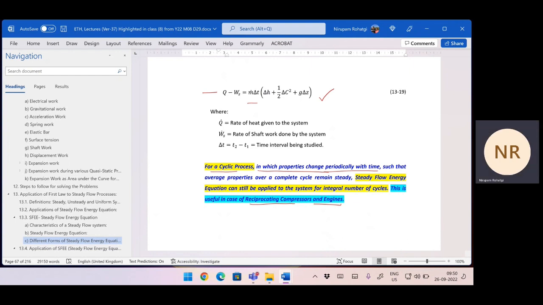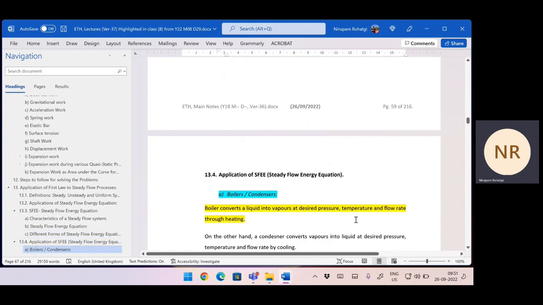If you have reciprocating compressors or engines, you can apply the steady flow energy equation to them, keeping in mind that the two points you are selecting are the beginning of the first cycle and the beginning of the second cycle. Between those you can apply the equation. Okay, the equation is complete, and I will stop here because then there will be no time for attendance.